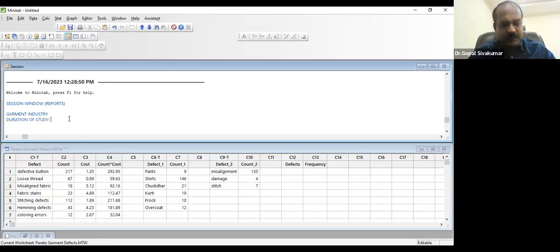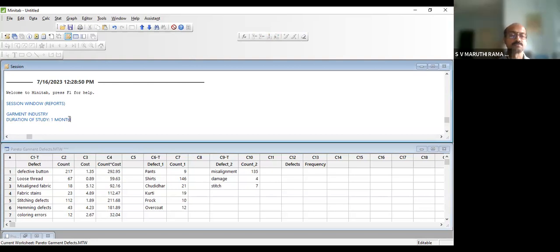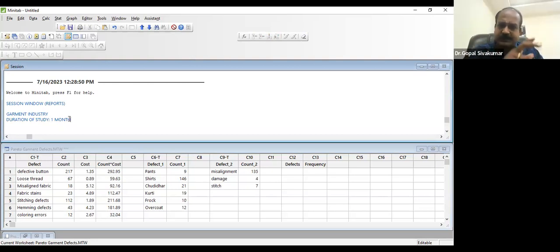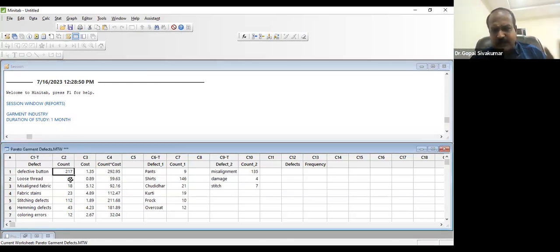Let's say it is 1 month. So that means in 30 days, how many times was the defective button instance noted? 217. That is, a non-conformance is recorded. NCR report, right? Non-conformance report. So 217 instances of defective button happened. Similarly, everything has got a number.